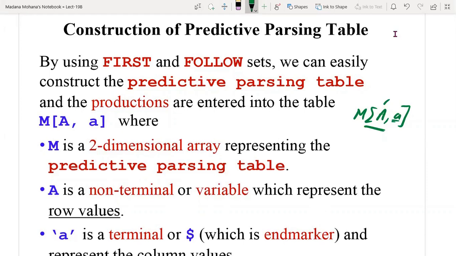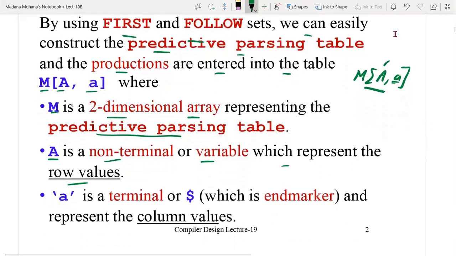By using first and follow sets, we can easily construct the predictive parsing table, and the productions are entered into the table with the respective entry M of A comma a. Where M is a two-dimensional array representing the predictive parsing table, and capital A is a non-terminal or variable which represents row values, whereas small a is a terminal.